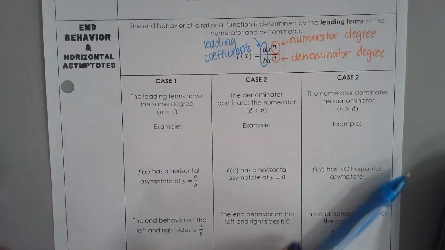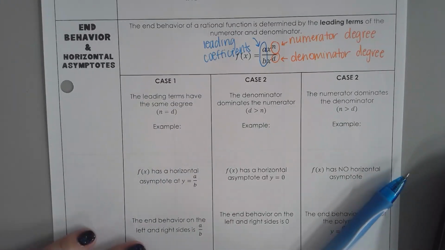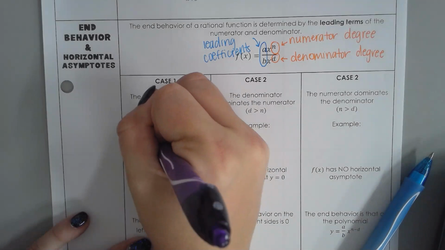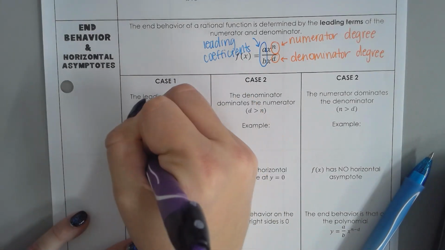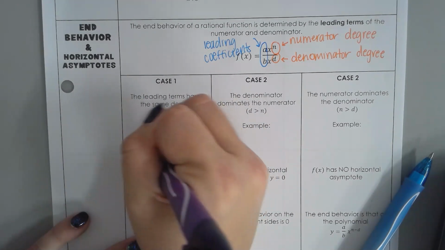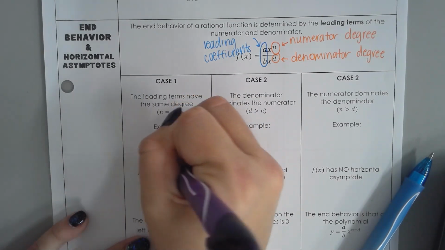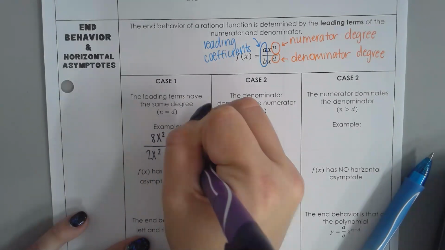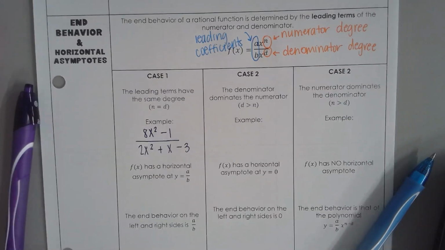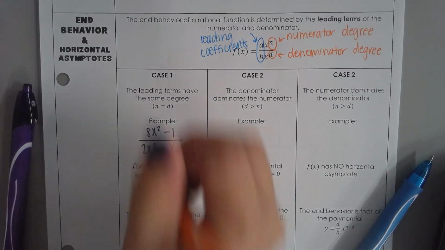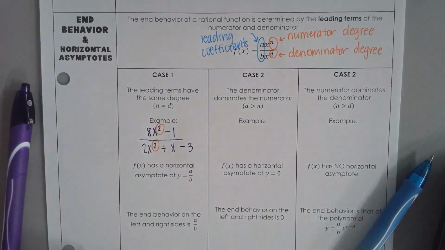Okay, so an example of that would look something like this. 8x squared minus 1 over 2x squared plus x minus 3. You can see how the largest exponent on both the numerator and denominator, they're equal.